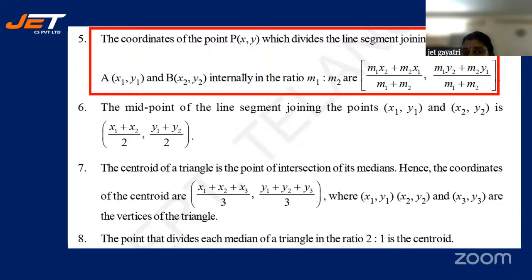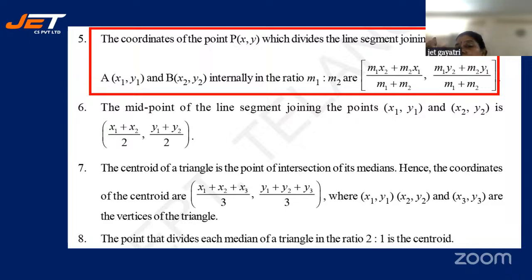This is the formula for line segments: m1 x2 plus m2 x1 by m1 plus m2, m1 y2 plus m2 y1 by m1 plus m2. Right, it's like x2 means m1, x1 means m2, y2 means m1, y1 means m2. Okay, right, the very popular midpoint formula: x1 plus x2 by 2 comma y1 plus y2 by 2.